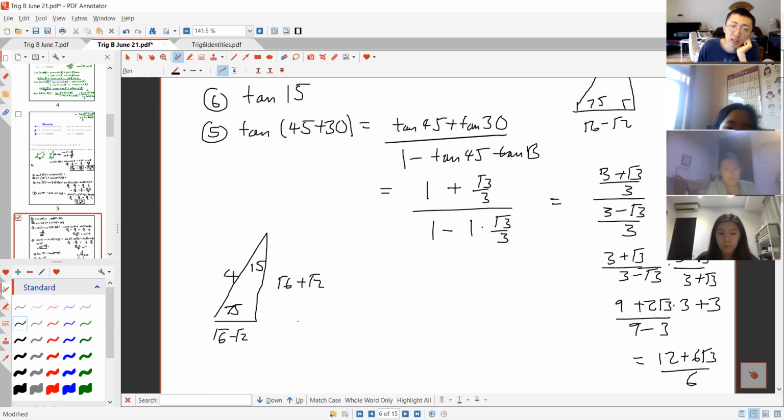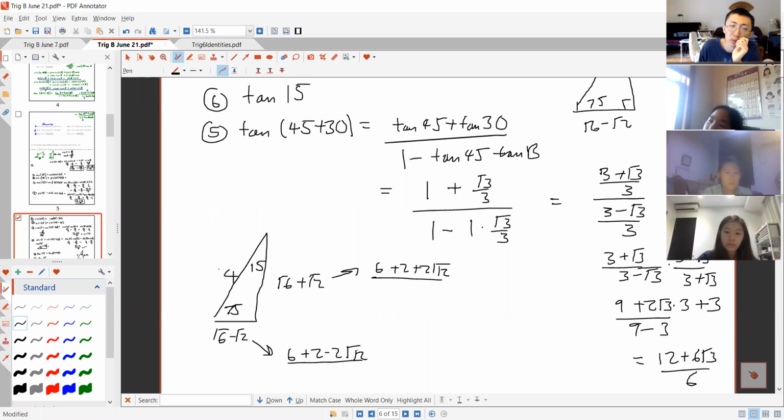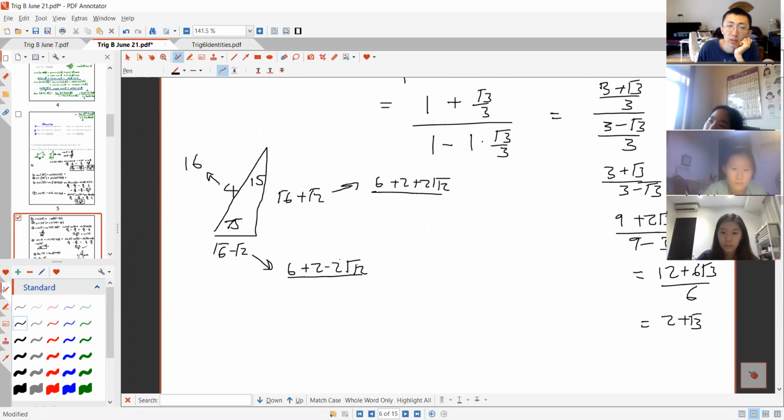So, just to check, if I square this, this is 6 plus 2 minus 2 root 12. If I square this, this is 6 plus 2 plus 2 root 12. So these two add up to 16, which is 4 squared. So that's right.